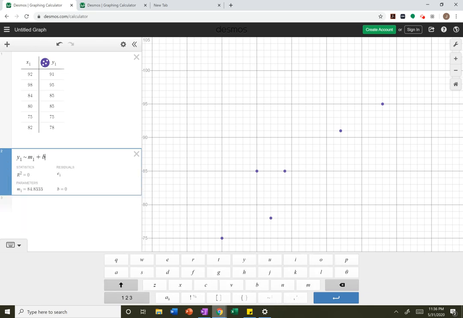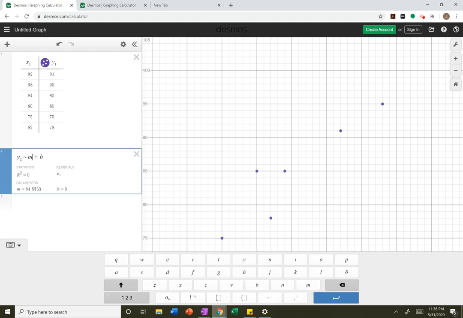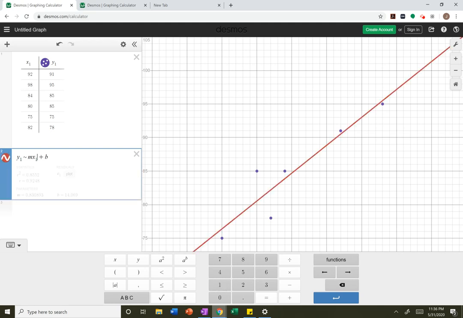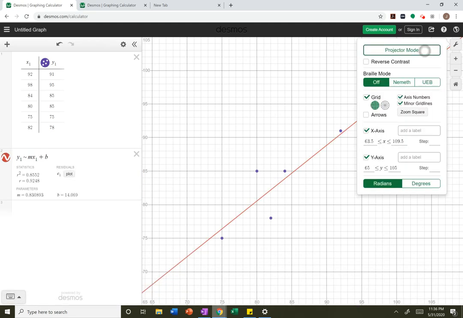It'd be nice if I could have an x in there like I asked for. Oh, Desmos, you're killing me right now. Why can't I do this right? Y squiggle m x1 plus b. There we go.